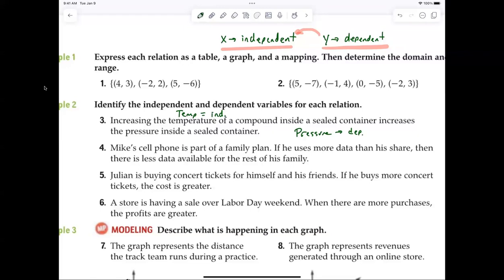The family. He's independent. The family is dependent upon what? Mike. All right. I hope that makes sense. So I would say Mike is the independent and the family is the what? Dependent.